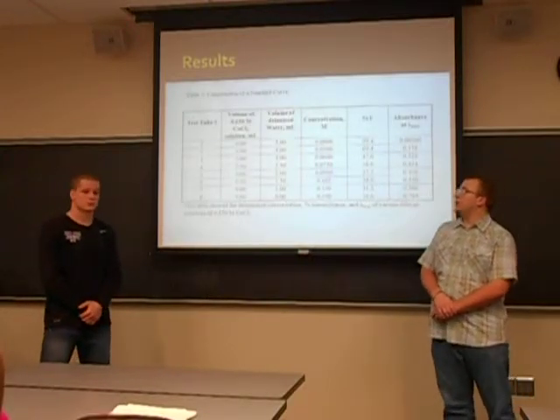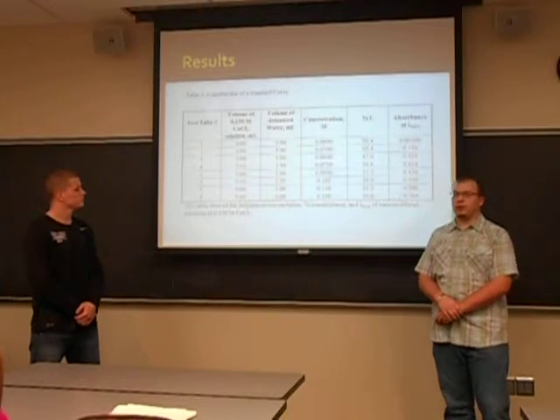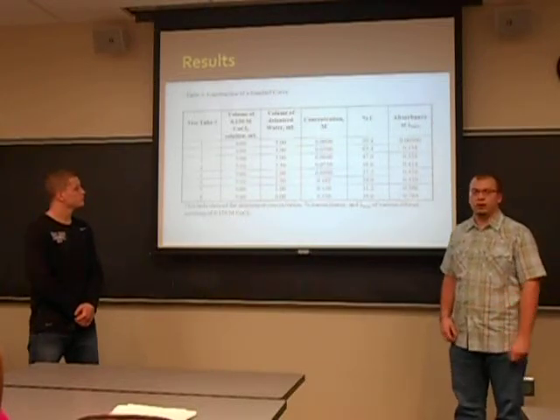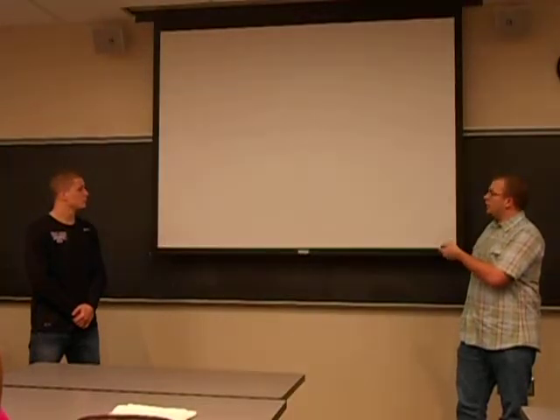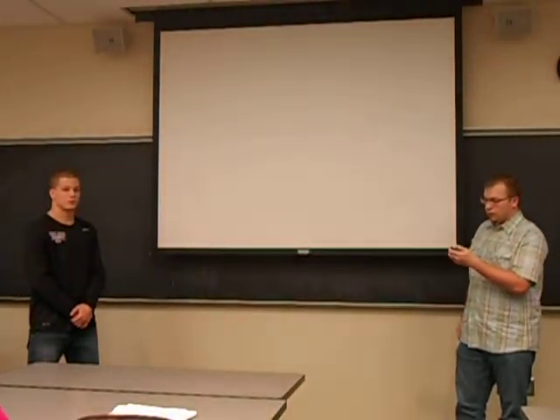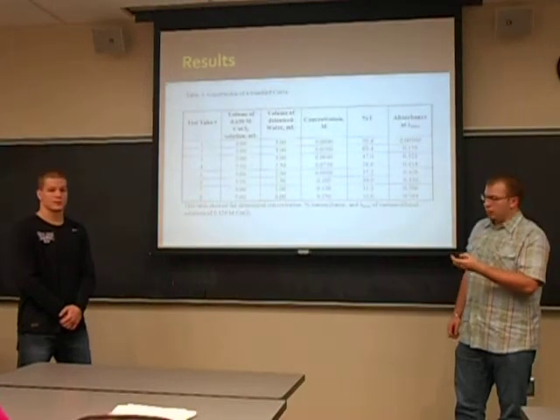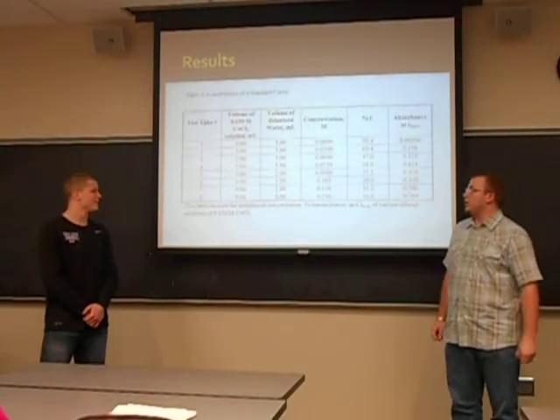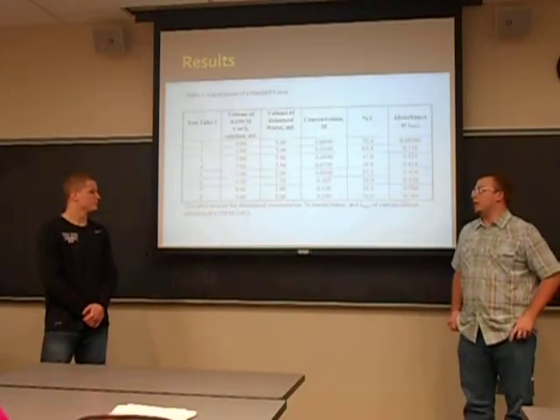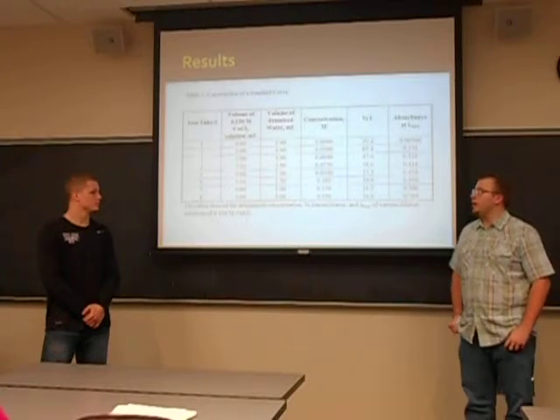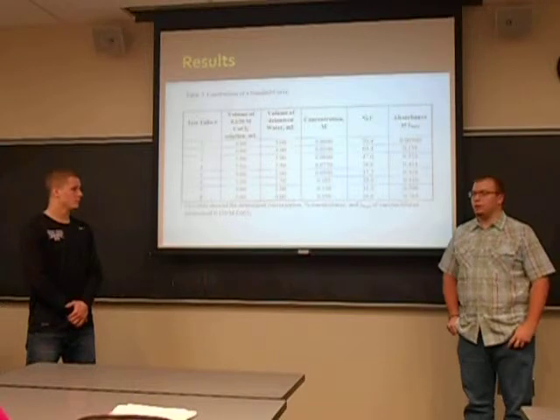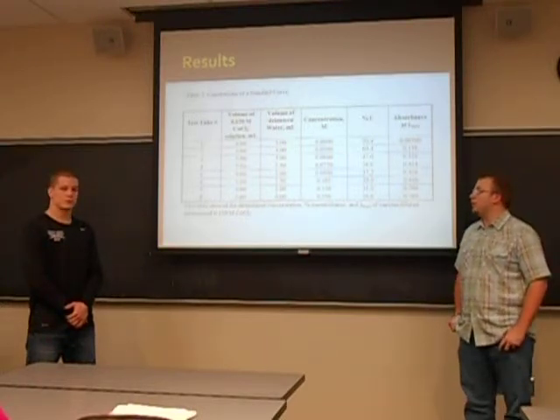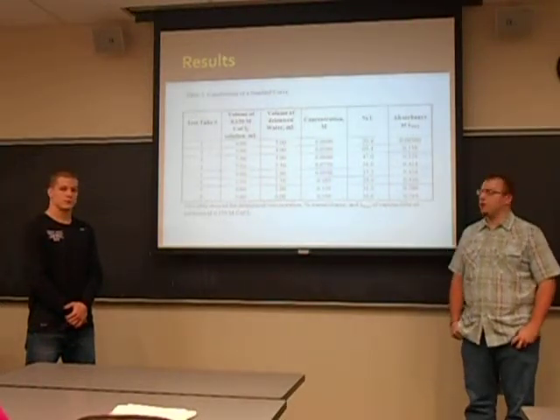This is our table 2, which shows this was whenever we were trying to construct our standard curve. The column on the left shows the volume of the molarity of cobalt-2 chloride, which ranges from 0.00 milliliters to 5.00 milliliters.